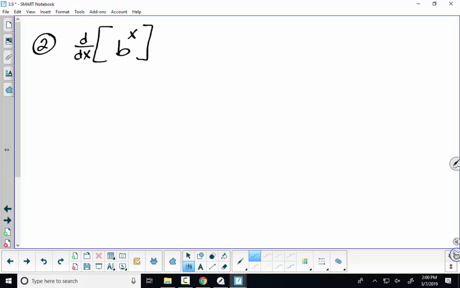Okay. So I see there's a tendency to get these kinds of functions, b to the x, confused with our power functions. Power functions are a variable to a fixed power, like x cubed, x to the 1/2. Those are all power functions where the power comes down and we subtract 1 from it.